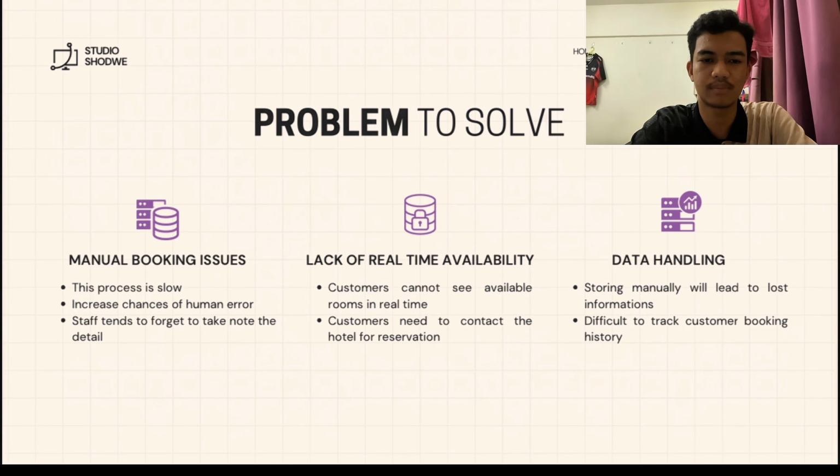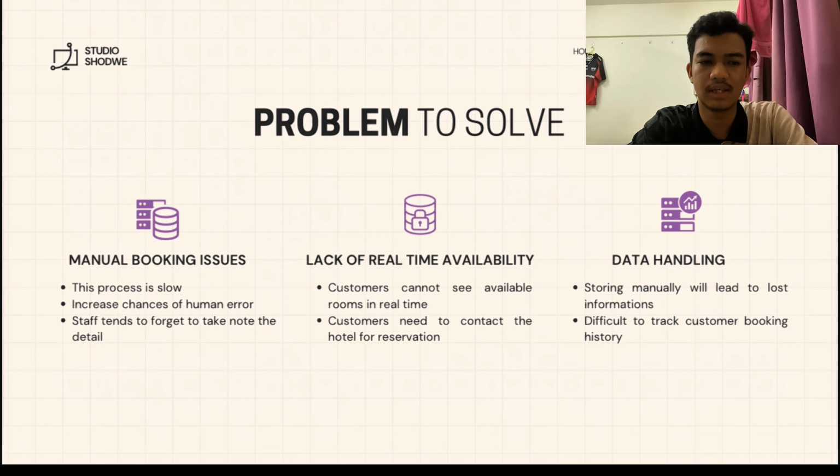The current booking process is very slow and takes time, so there is a high chance of mistakes like wrong dates or missing details. This also increases the chances of human errors. Sometimes our staff forget to write down important booking info, so our staff tend to overlook and misrecord it. This can lead to unhappy customers if bookings are not recorded properly.